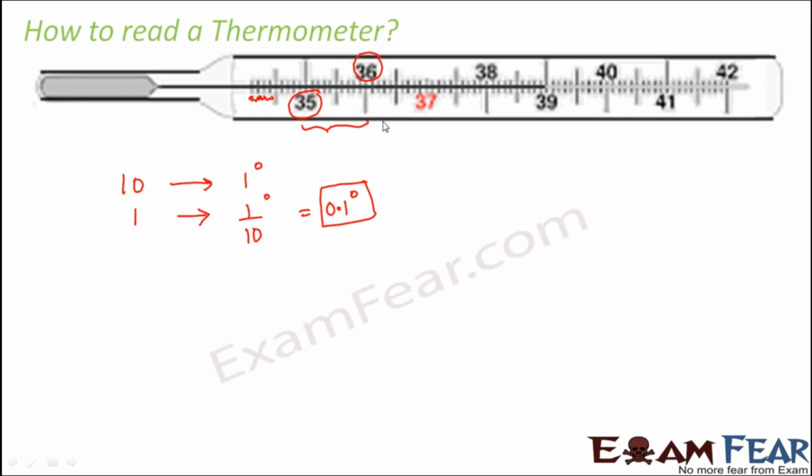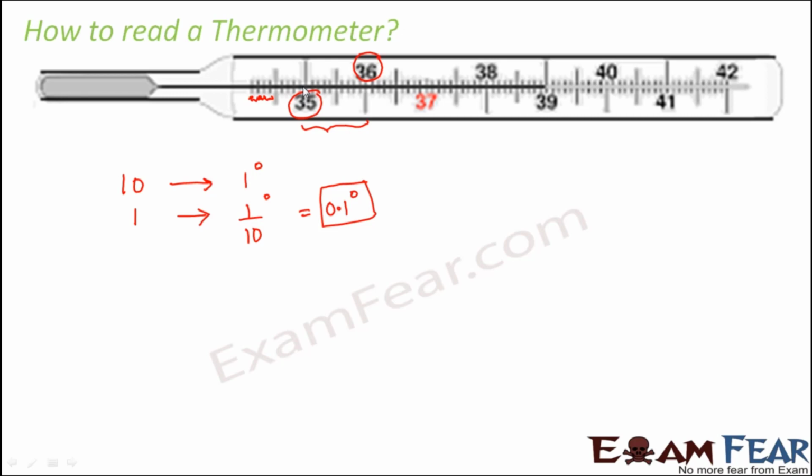Now it is not necessary that all clinical thermometers look exactly like this. In some clinical thermometers it might happen that between 35 degree and 36 degree there are only 5 lines. So in that case your calculation will change, and the distance between two short lines will become different, correct?